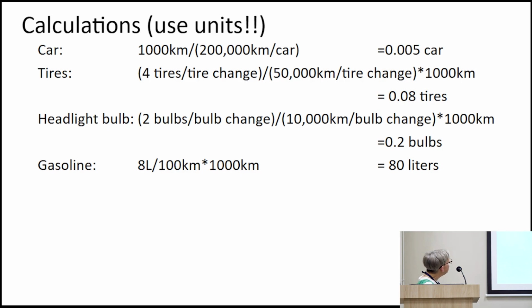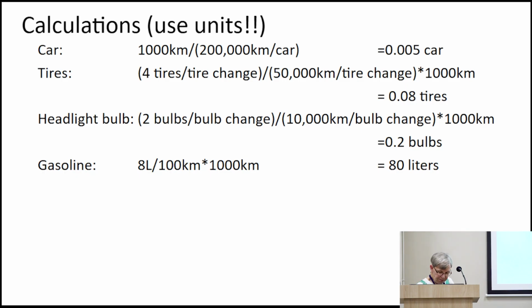So let's see, what do we have? Our functional unit is 1,000 kilometers. The car can go 200,000 kilometers per car, so it's about 0.005 of an automobile. It's not the whole automobile that gets allocated here, just 0.5%, because we have many years of operation or many miles.